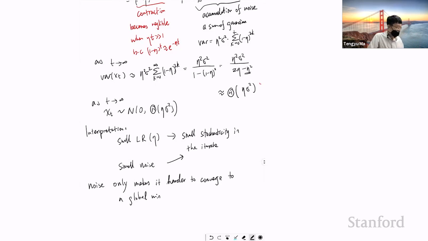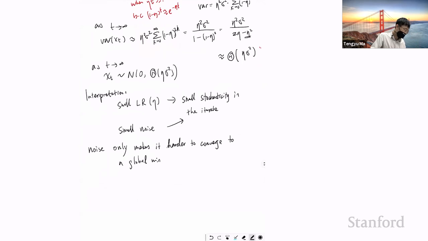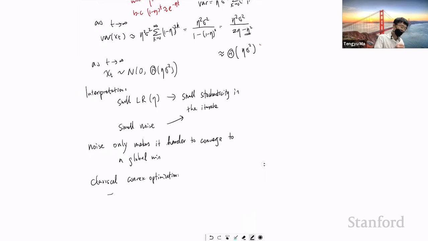So this is why in the classical convex case, typically when you think about noise, it's only about two things.